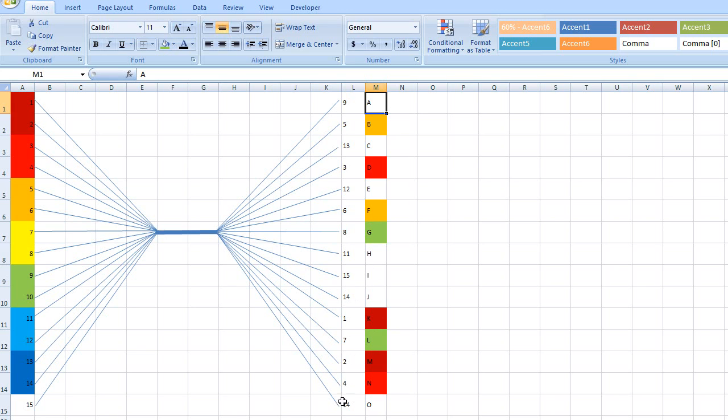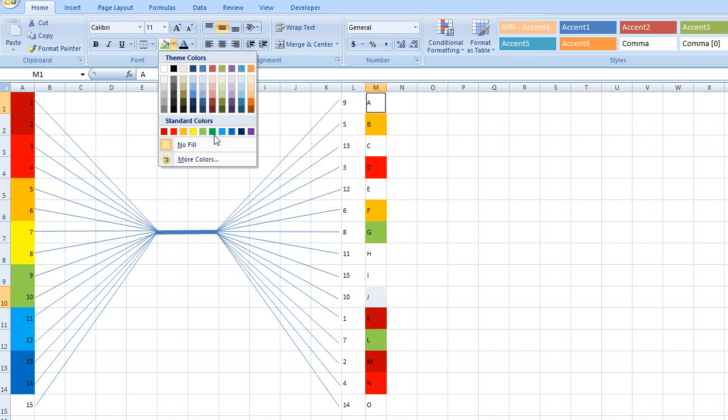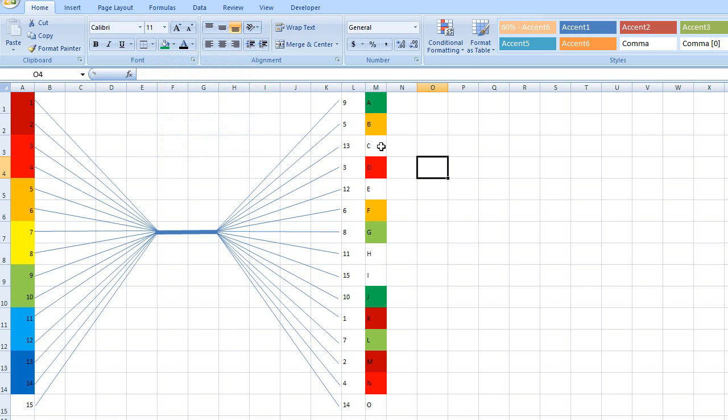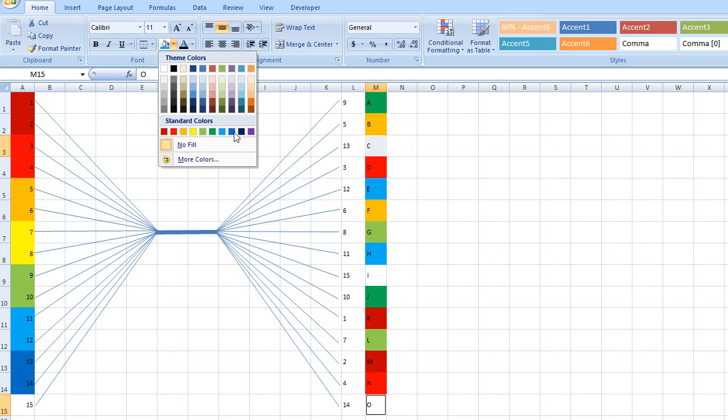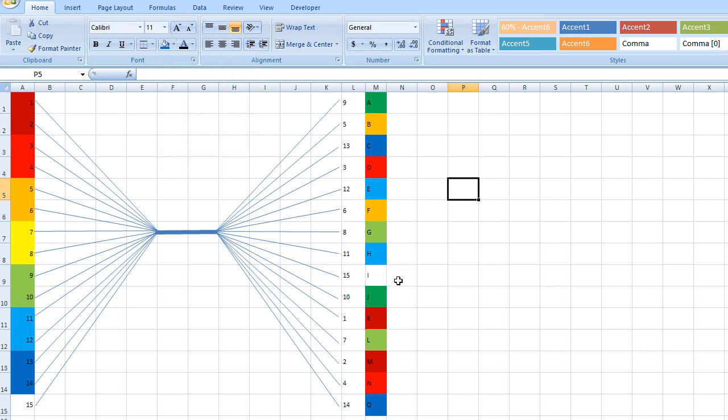What? It's 14 twice. Alright, let's assume that's a 10. And then a 12 with 11. There. 13 with 14. So these are the pairs that he got.